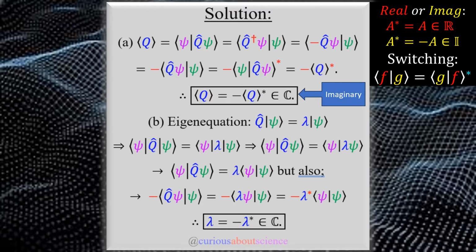And so if we move on to the eigenequation for part B, we see that the operator acting on a wave function yields some scaling quantity known as the eigenvalue, also scaling the wave function. So if we talk about linear algebra, eigenvectors, all that stuff, this is where it's coming from.